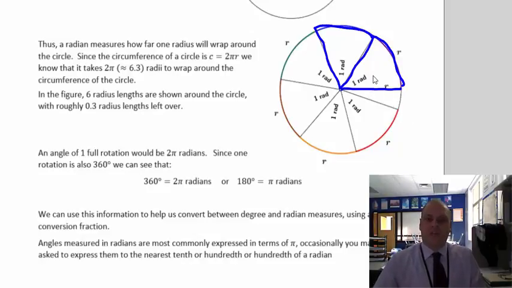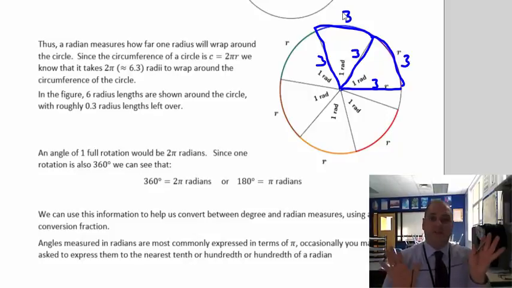So let's give it a number just for the sake of argument. You don't have to write this. Let's say this radius was 3. Well, doesn't that mean this is 3, and this is 3, and this is 3, and this is 3, right? Just a nice easy number to look at. It could have been any number.